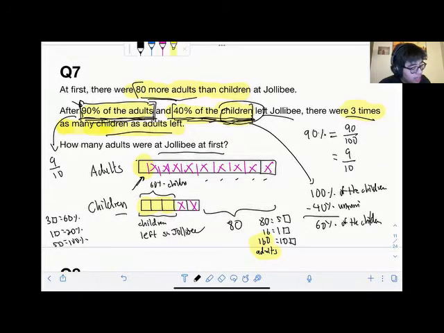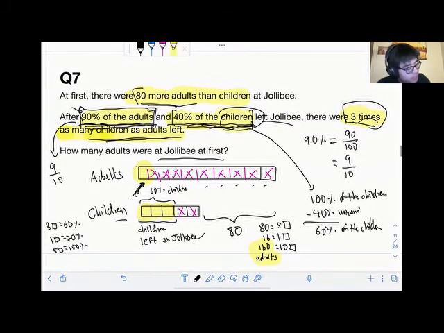And so, kailangan po nating i-connect yung alam na po natin about the adults to the children using yung 3 times as many children as adults left. Yan po yung anchor natin, no? Kasi yung adults, 1 box left. Now we know 3 times as many children as adults left. Sigurado na po tayo na masasabi natin 3 boxes yung natirang children. And from there, only after we know that, we work backwards para masabi paano ba yung 40%.